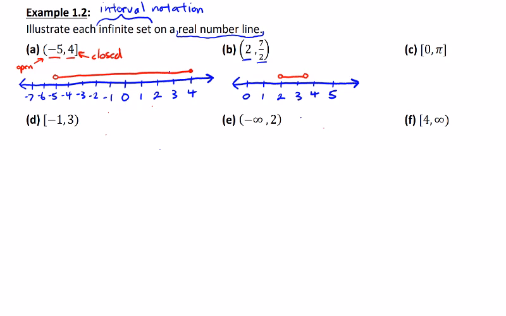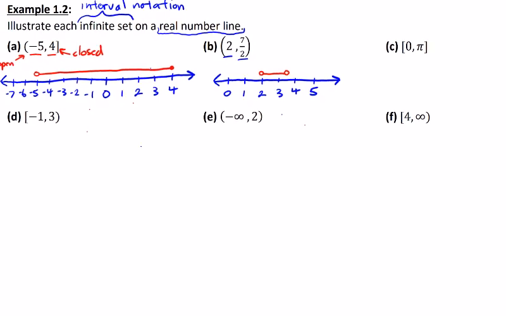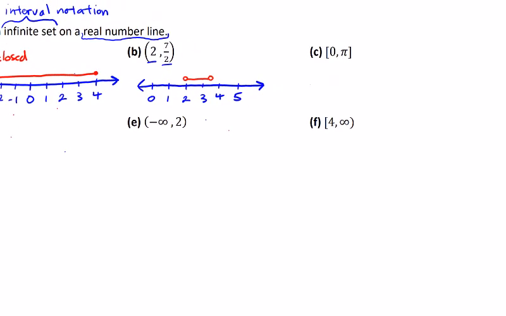Let's take a look at part C, [0, pi]. Let me slide this over a bit. And again, I won't need a huge number line for this one. So on this one, we have a closed boundary on both the left and the right.